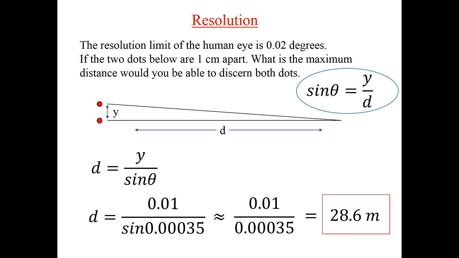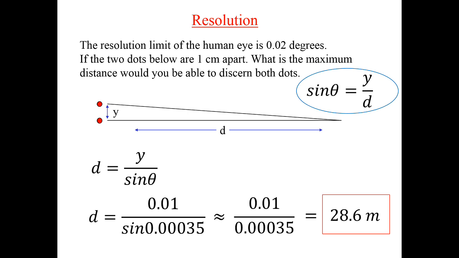So if we draw a right triangle, as shown here, the opposite side is y, the 1 centimeter, or 0.01 meters, and then the adjacent side of the right triangle is the distance, so that's the thing we are trying to find.